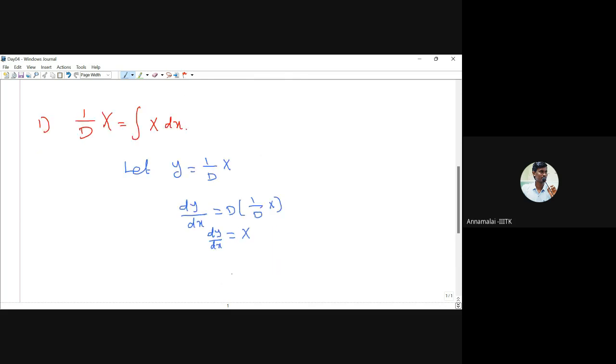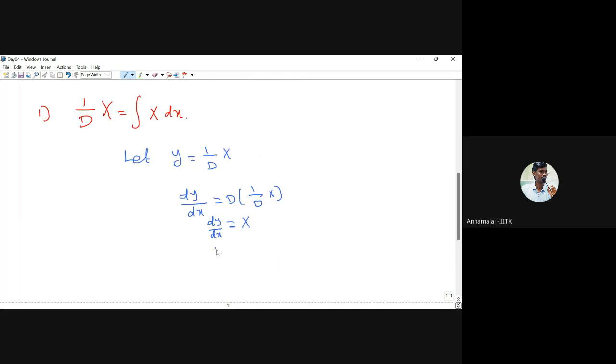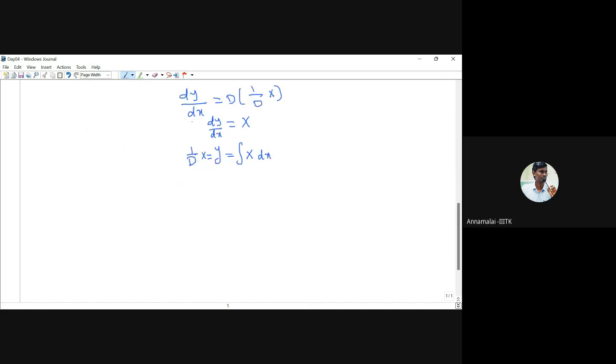Now integrate both sides with respect to x. On this side we get y and on this side we get integral X dx. Therefore, 1 by D into X is nothing but integration X dx. This is the first result: 1 by D, the inverse of the derivative operator, is nothing but integration.